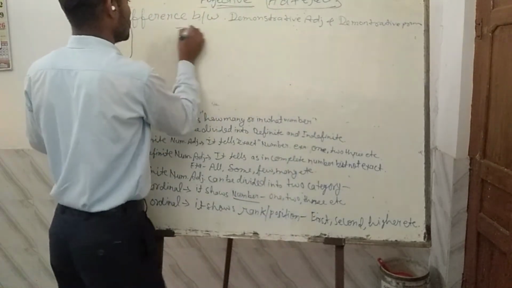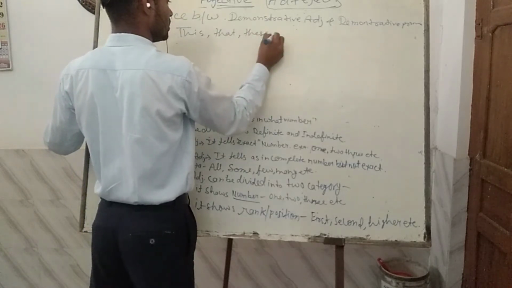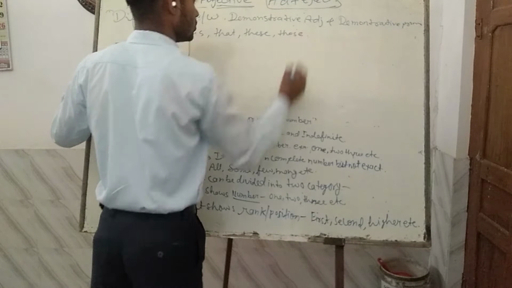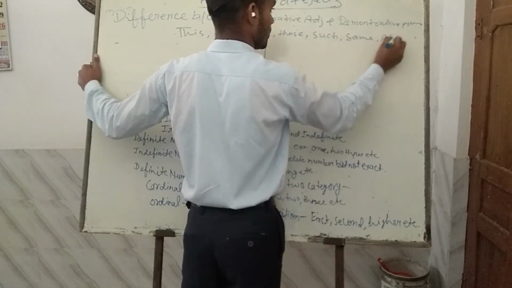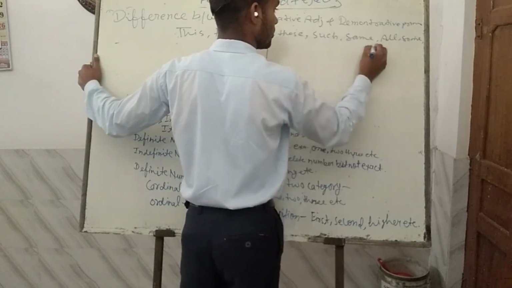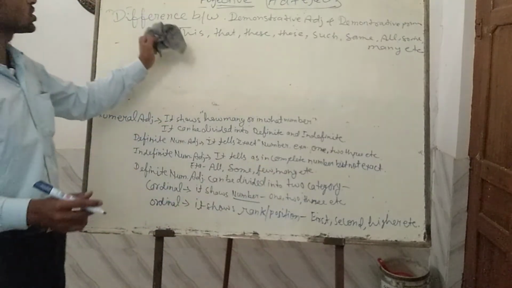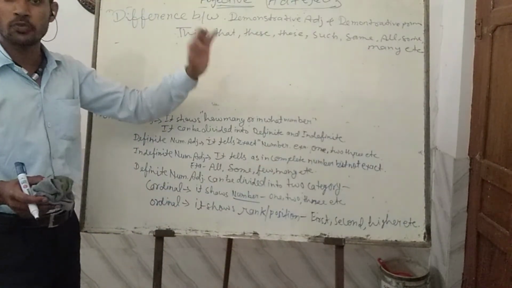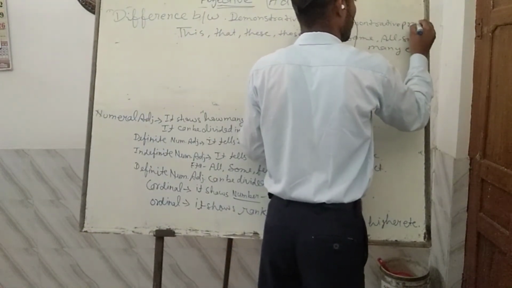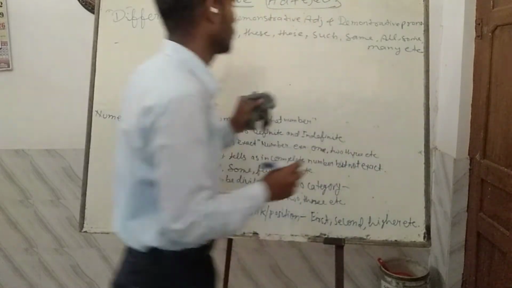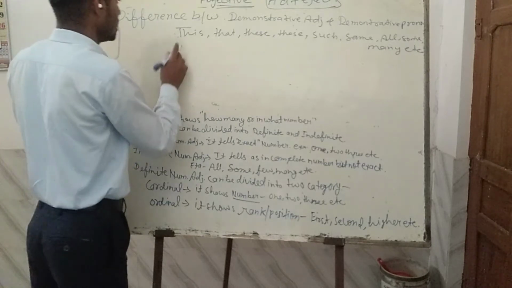I can explain the difference now. The examples are the same: this, that, these, those, such, same, all, some, many, etc. All these are examples of demonstrative adjective and demonstrative pronoun both. But what is the difference? फर्क क्या है? That is the difference between both.